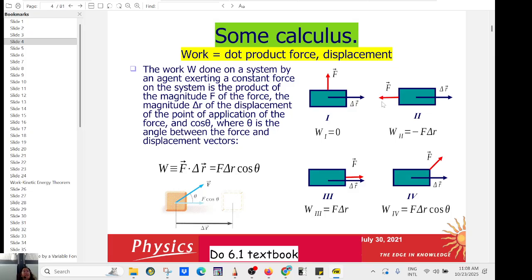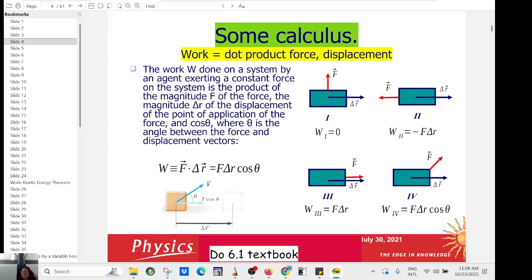Now here it's anti-parallel, so the cosine will equal -1. That force is doing negative work because it's taking away the energy. It's slowing it down. It does change the kinetic energy. So yes, there is work, but it's negative work because it's trying to make it go slower.